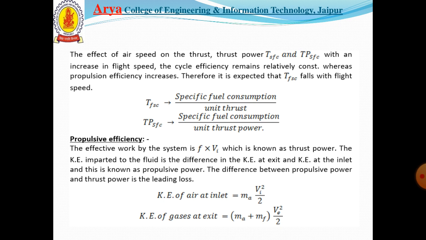The difference between the propulsive power and thrust power is the leaving loss. That is, kinetic energy of the air at inlet equals ma into Vi square upon 2, and the kinetic energy of the gases at exit equals (ma plus mf) into Ve square upon 2.